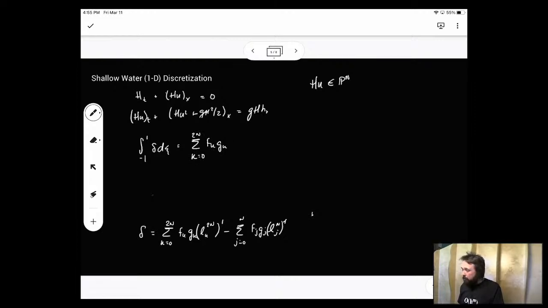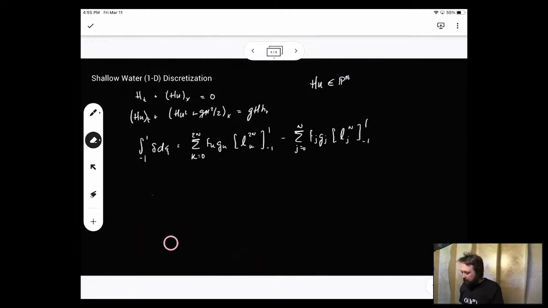I've got an integral of a derivative, so what I get is the 2nth degree Lagrange polynomials evaluated at the endpoints, minus the sum j equals 0 to n f_j g_j, and now the nth degree Lagrange interpolating polynomials evaluated at the endpoints. And this is where the choice in quadrature actually matters.